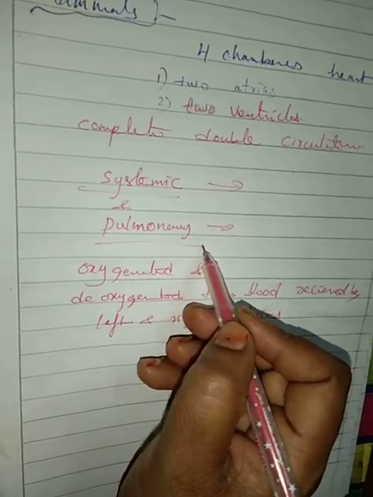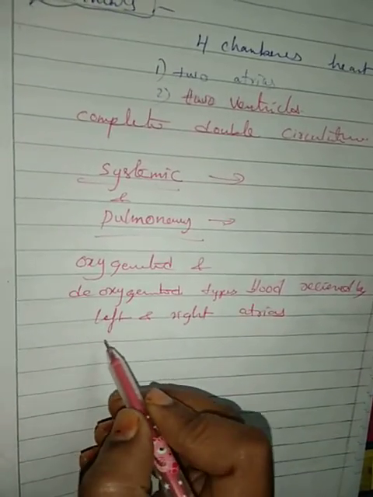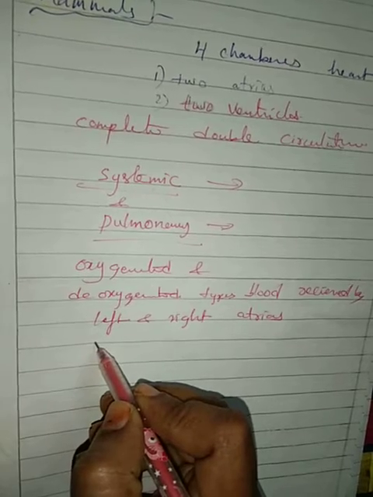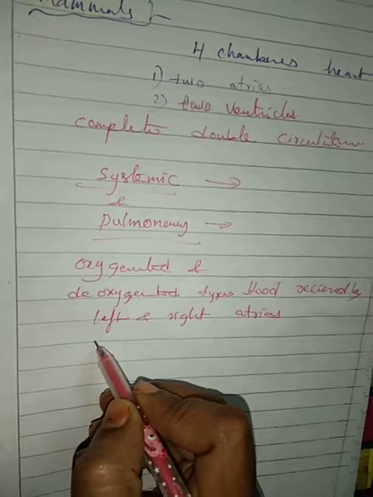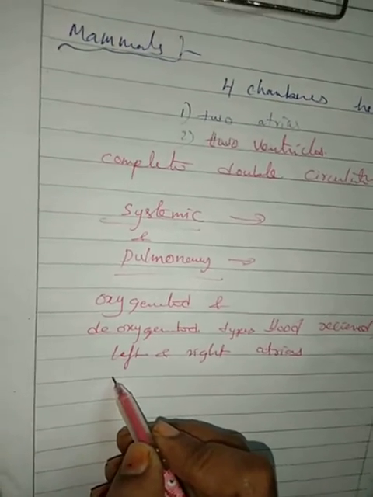Mammals, crocodile and birds mainly have the complete double circulation.